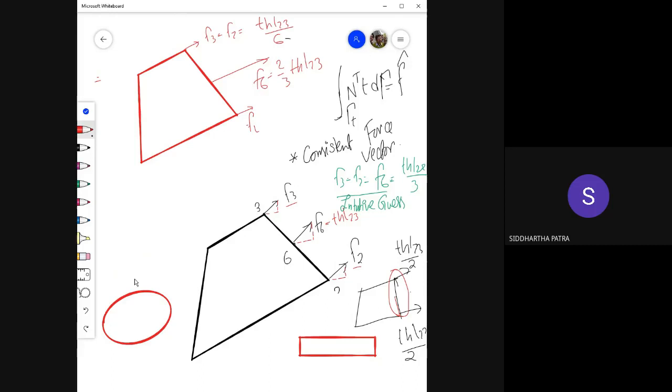And if you actually do this integration by taking the correct set of shape functions, you would get this answer. So that's why it is the consistent force vector.